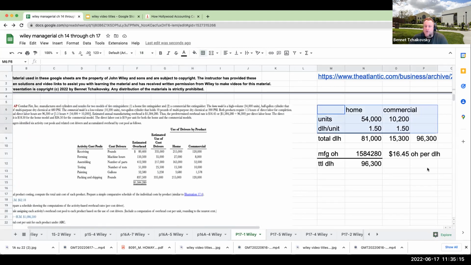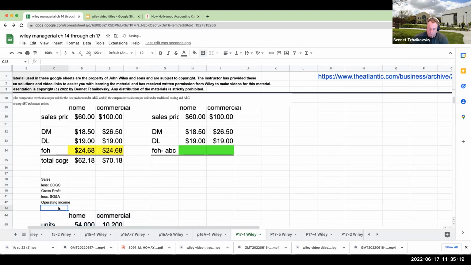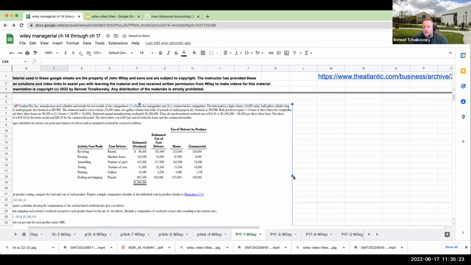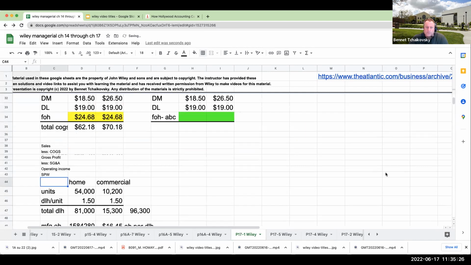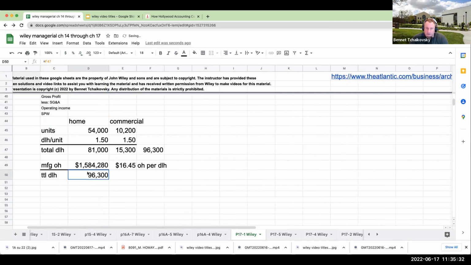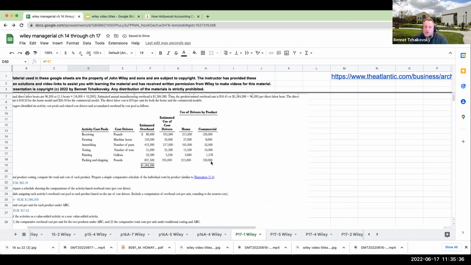So let's move this down. And this is my single plant-wide. Let's now take a look at activity-based costing. So instead of just taking the total amount of the manufacturing overhead and dividing it by one driver, which is my direct labor hours, I'm now going to take a more intricate look at the different overhead costs.